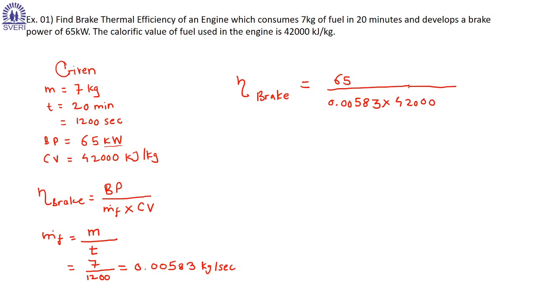Now remember, the unit for 65 is kilowatt and for 42,000 it is kilojoule per kg. If we are taking both in kilo, there is no need to go into watt and joule again. Or if I convert this into watt, that will be 10 to the power 3, and this will be 10 to the power 3, and these two will cancel ultimately.